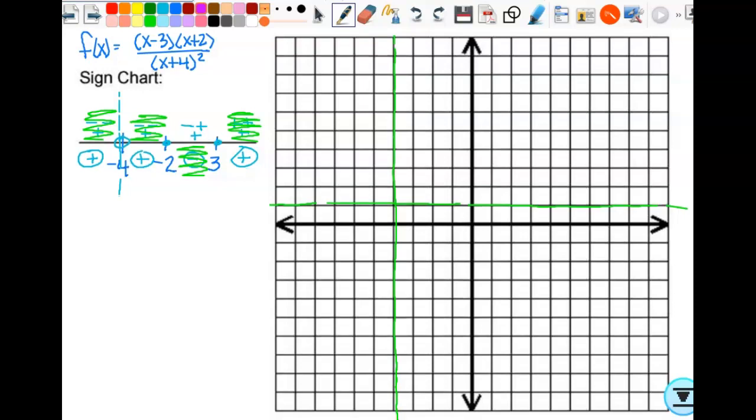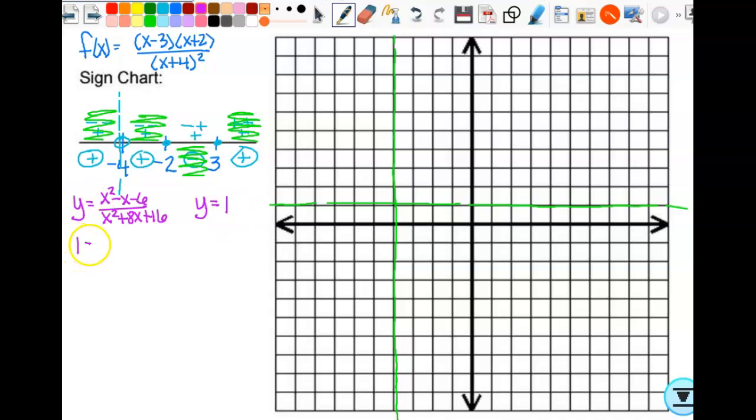I'll put y equals x squared minus x minus 6 over x squared plus 8x plus 16. And that is not equal to anything. And then I also have y equals 1. So I will substitute 1 in right here.